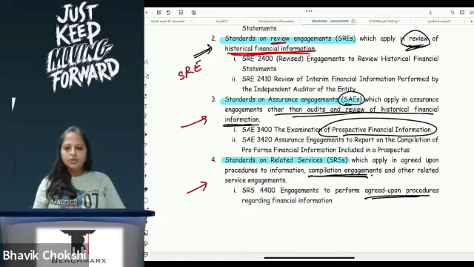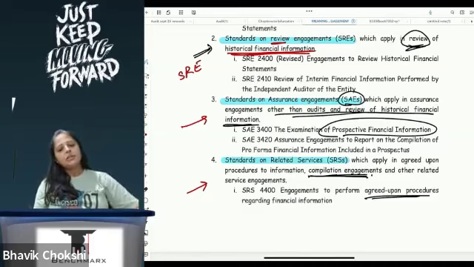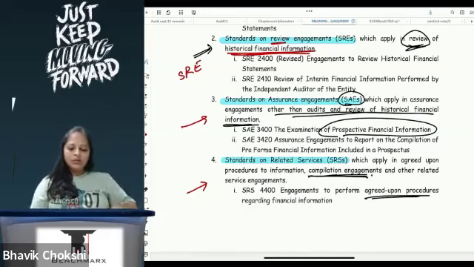Then fourth box will be on standards on related services, bracket SRS.